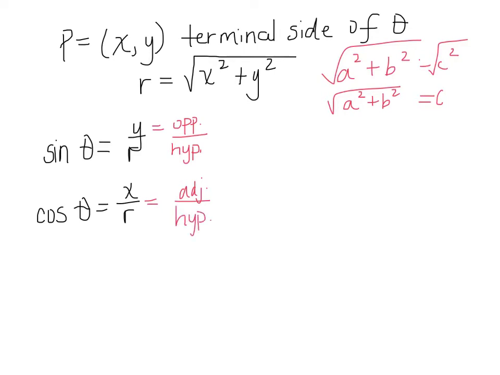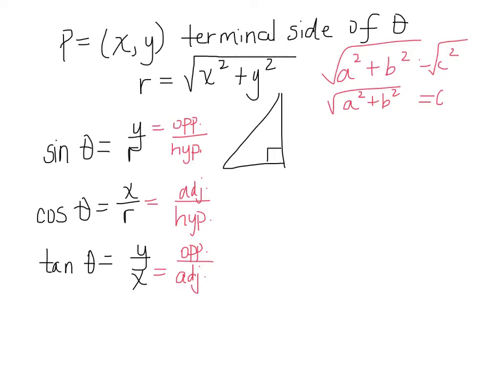And lastly, we have tangent of theta, which will be y over x, which is opposite over adjacent. So in the triangle, so you can see what's going on, this is x, which is adjacent, y is opposite, and r represents your hypotenuse, or the radius of your circle.